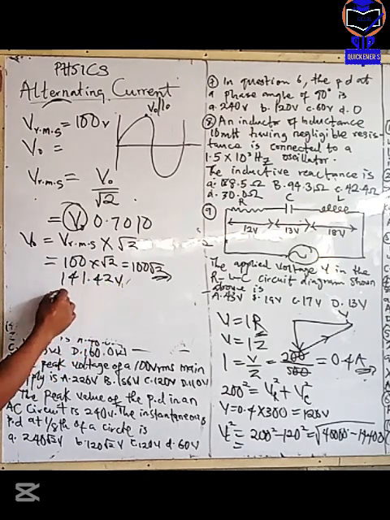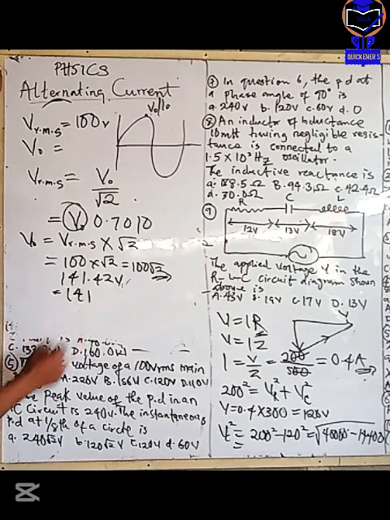So approximately that's 141. So which is 141 inside this option now? We have 141. No, we don't have 141.